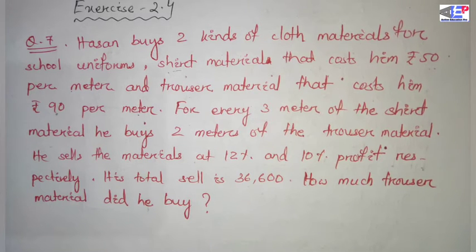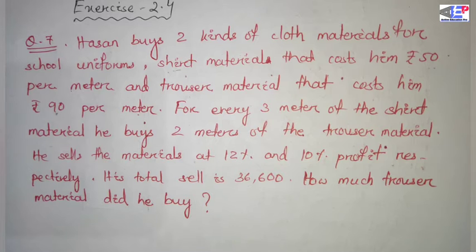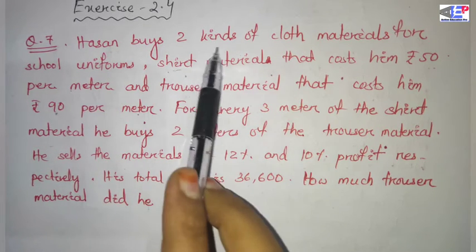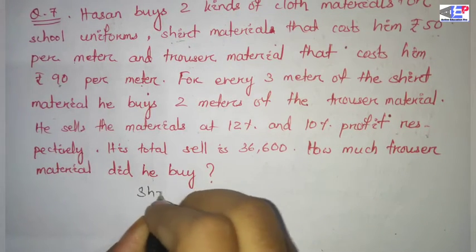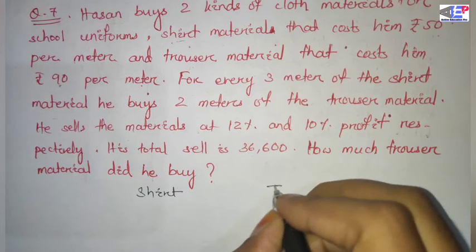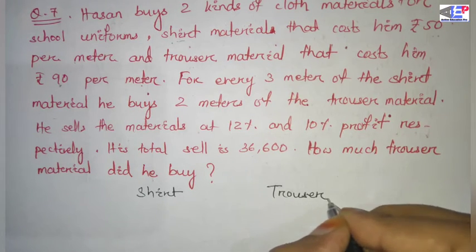So as per the question, first extract the clues. Hassan buys two kinds of cloth materials, one is shirt material and another is trouser material.